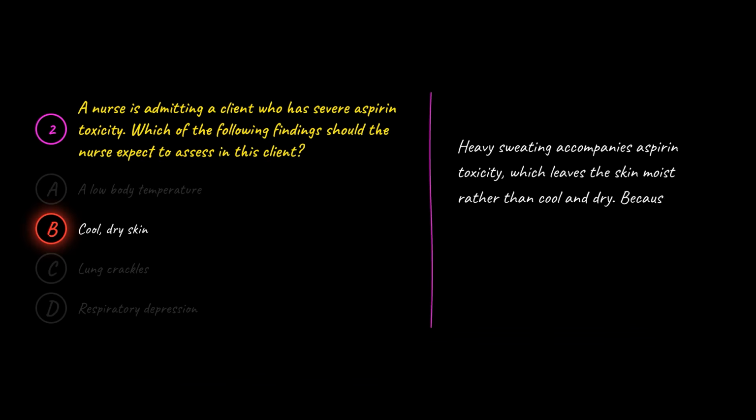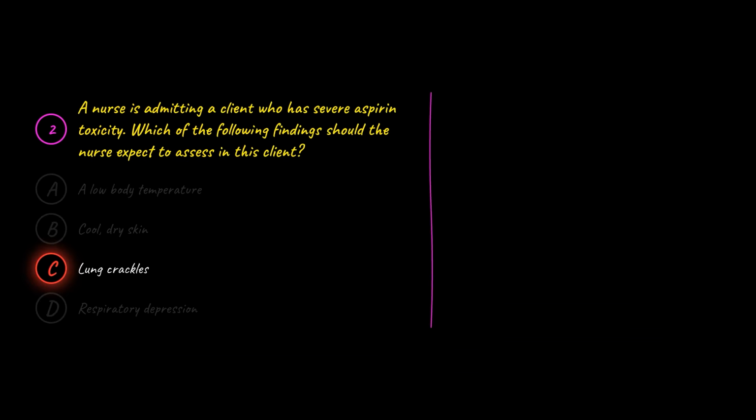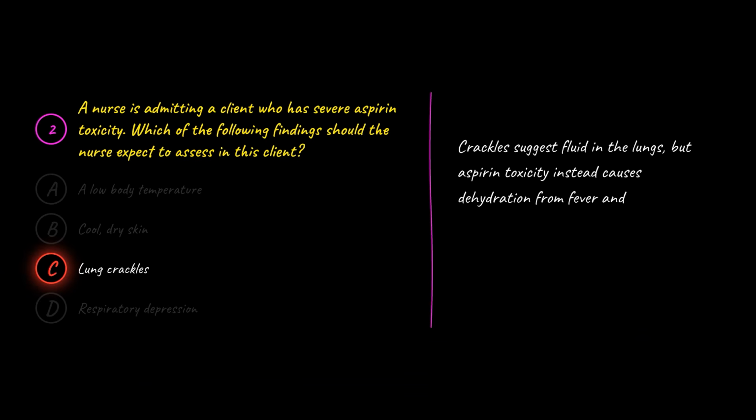Because diaphoresis is part of the clinical picture, dry skin does not fit the presentation the nurse should expect with this client. C is wrong because crackles suggest fluid in the lungs, but aspirin toxicity instead causes dehydration from fever and sweating. The breathing problem here is depressed respiration, not the fluid overload that would produce crackles on auscultation.